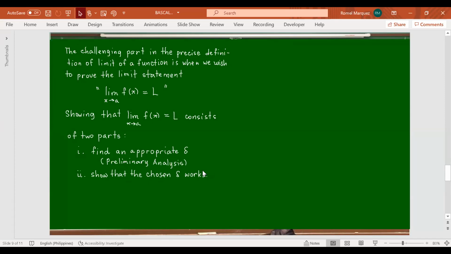What is that delta in terms of epsilon? So that when you work on the hypothesis, you will come up with the conclusion, no? And we call this part the formal proof.